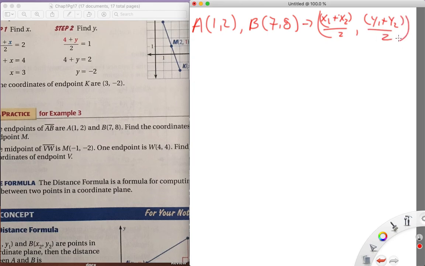It doesn't matter which one I call which. So in this case, I'll just call these my x1s and my y1s, and this my x2 and my y2. But it really doesn't matter.